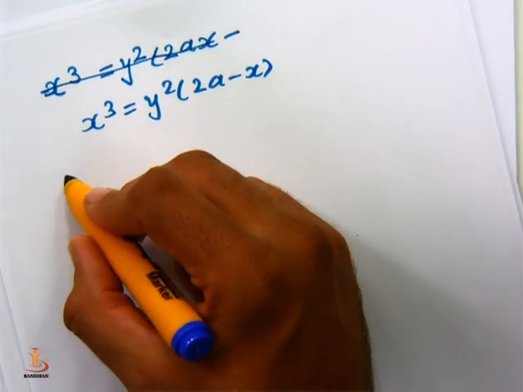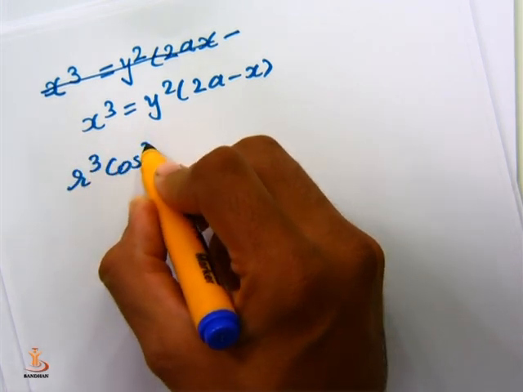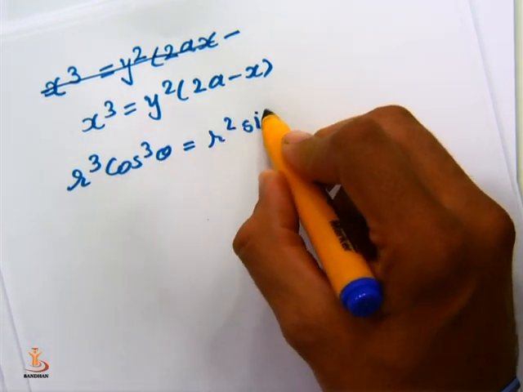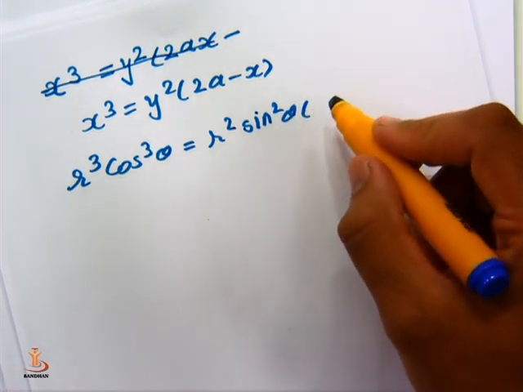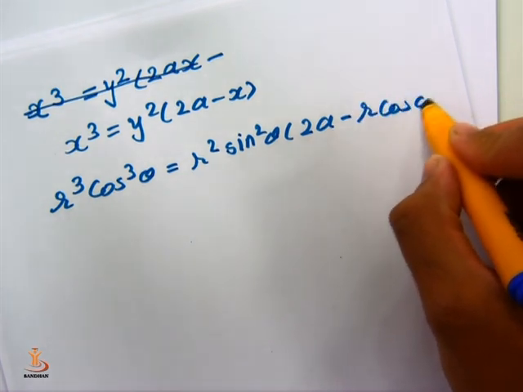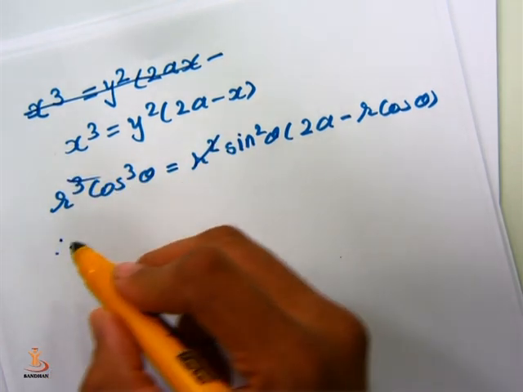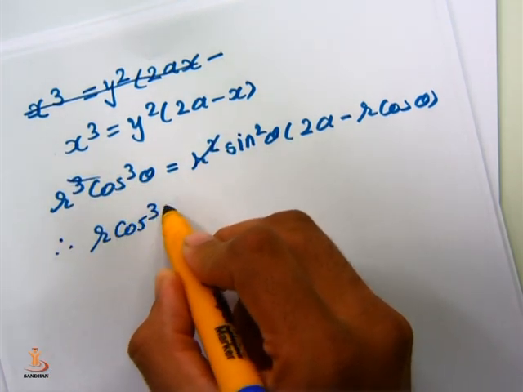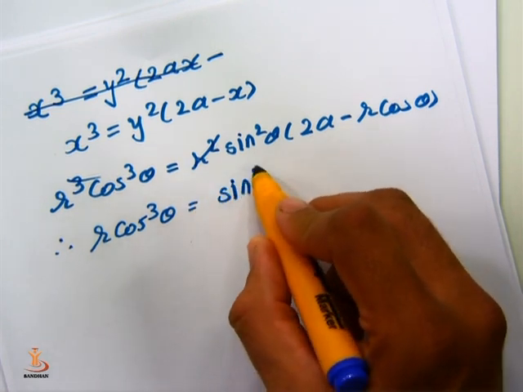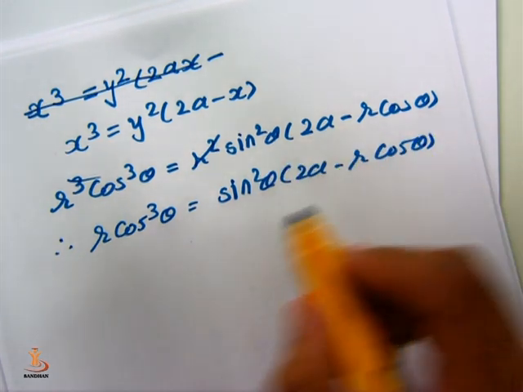So again we'll consider x equals r cos theta, so this becomes r cube cos cube theta, y square becomes r square sin square theta, and the bracket becomes 2a minus r cos theta. So by some basic simplification, we'll have r cos cube theta equals sin square theta into (2a minus r cos theta).